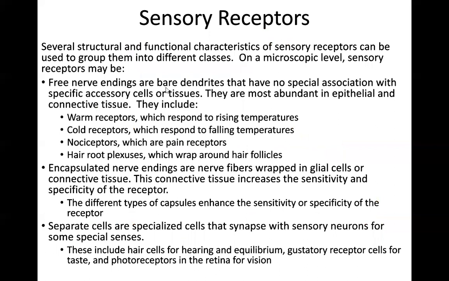So free nerve endings are described as bare dendrites, having no special association with specific accessory cells or tissues. They're very abundant in our epithelial and connective tissues, places like our skin, for example. They include our warm and cold receptors, opposite one another. Warm respond to rising temperatures, cold respond to falling temperatures. Nociceptors are pain-sensitive receptors. I always tell students, most people, if you ask them, do you want to stimulate your pain receptors?